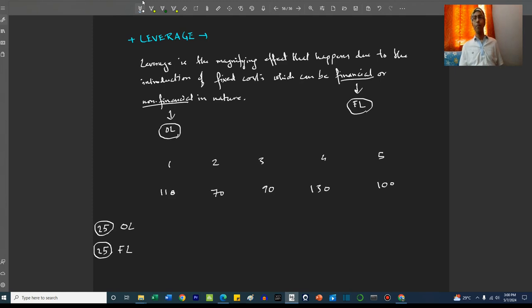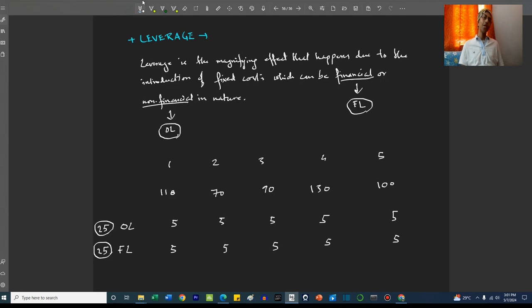Now the repayment will happen uniformly across the future 5 years. So this 25 crores is the total expense financially, and this 25 crores is also the total expense in terms of operating leverage. So this increment in cost is 5 crores in each year, right?